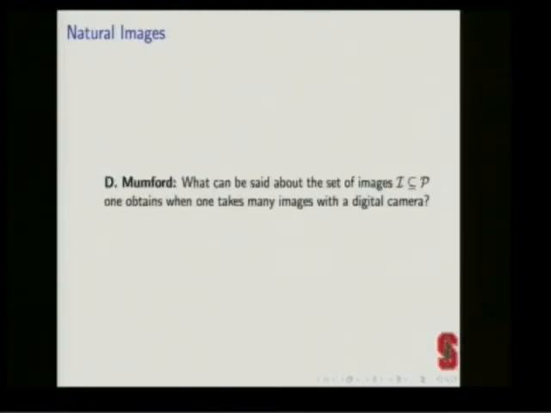So David Mumford asked the following question. He said, imagine just as a thought experiment that we went out and took every single picture that could be taken in the world. Every possible angle, whatever. If I took all those images, that would produce some set within this very big pixel space.